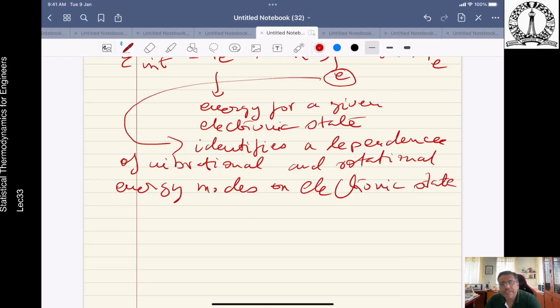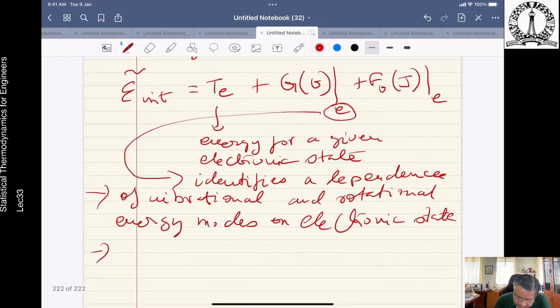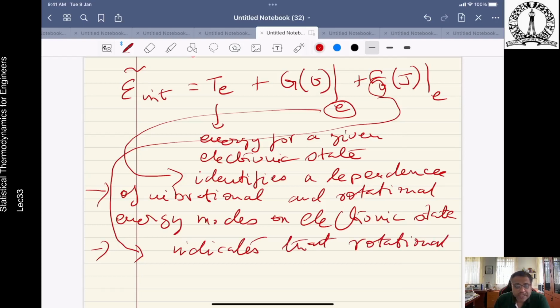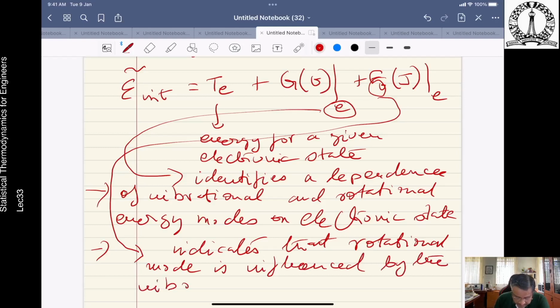And the subscript v indicates that the rotational energy mode is influenced by the vibrational energy mode.